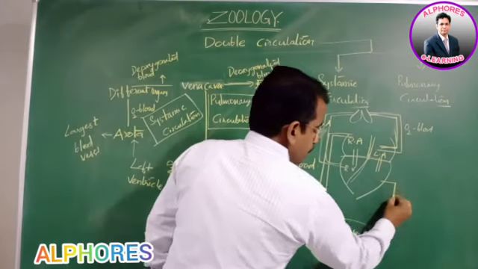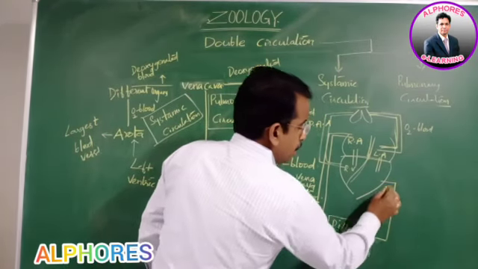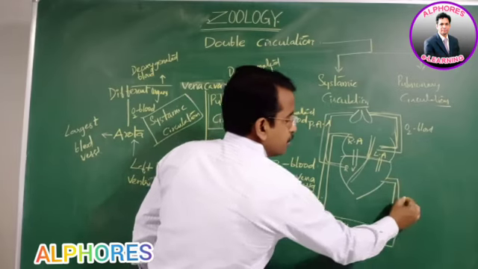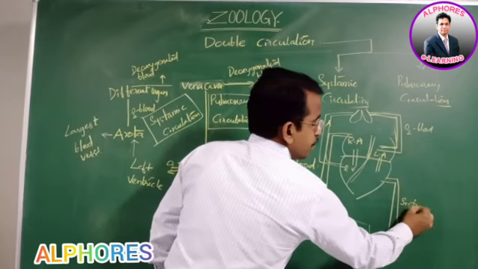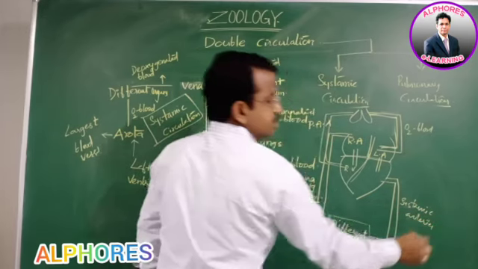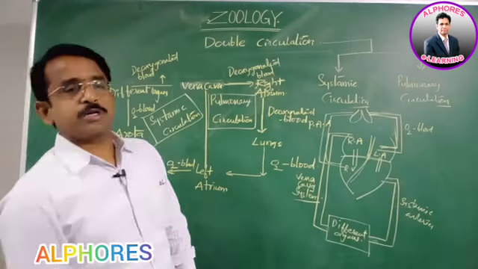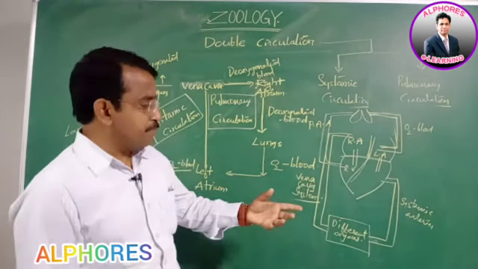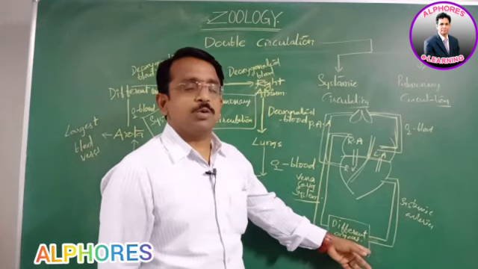From the left ventricle, the oxygenated blood is pumped to different parts by means of the systemic arteries. That is nothing but the dorsal aorta, which is the largest blood vessel. By its branches, it pumps the oxygenated blood to different parts.